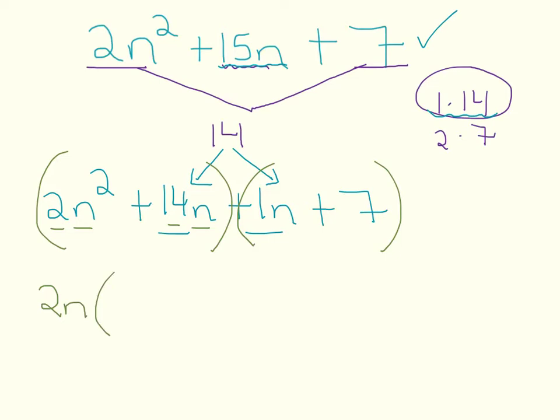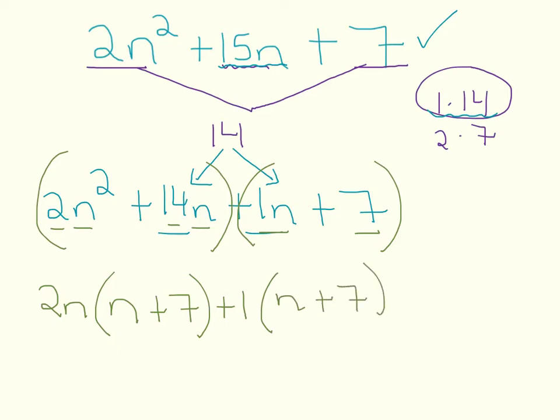So if I divide 2n out of each term, 2n squared divided by 2n is n, and 14n divided by 2n is 7. So now, 1n plus 7, we need to factor out whatever they have in common. And in this case, the only thing they have in common is 1, but that's okay, we're going to factor out a 1, which will leave you with, if you divide both terms by 1, n plus 7.